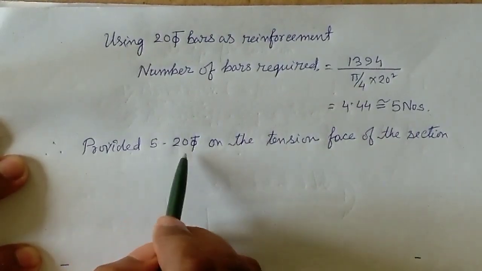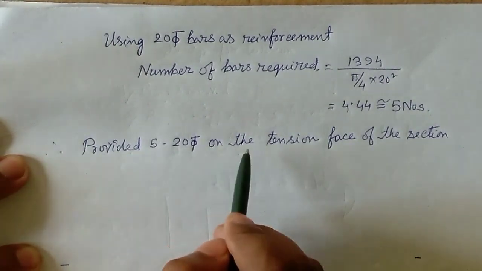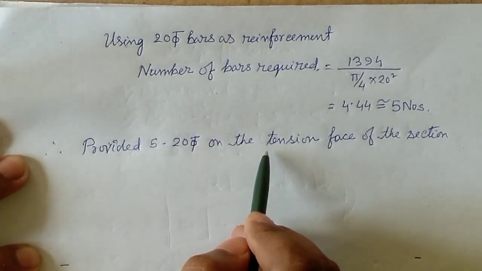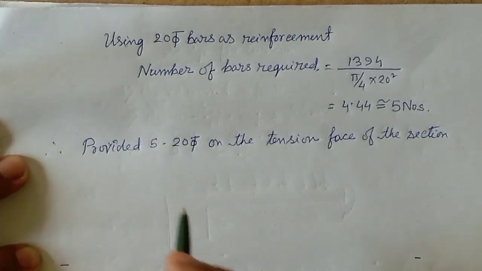Therefore, we have provided 5 numbers of 20 Tor bars as tensile reinforcement for the section.